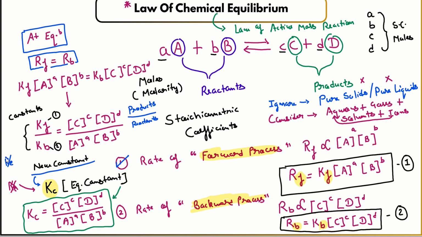Don't write Ke, it will become wrong. Equilibrium constant is known as Kc. So this Kc has the same value: [C]^c [D]^d upon [A]^a [B]^b. Again, you can see that the concentration of products is divided by the concentration of reactants. So this is the basic law of chemical equilibrium.